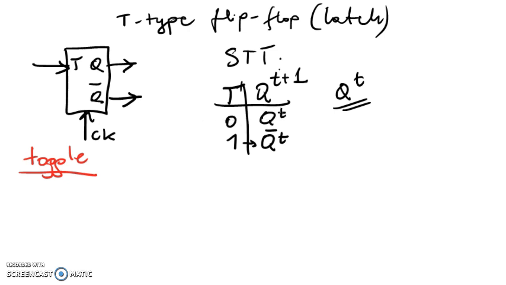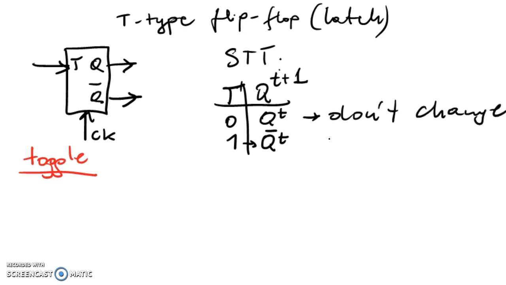It is a memory. Okay, so there are two commands corresponding to the particular value of input on the input line. So this is don't change anything, don't change state. And this is toggle. Invert.